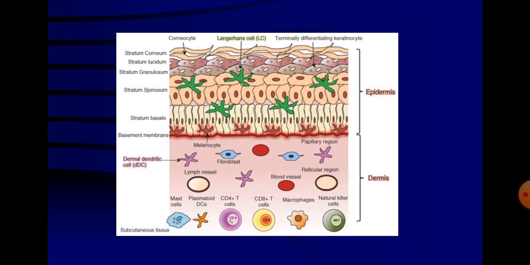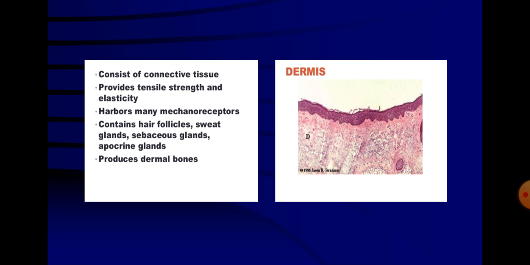The dermis contains loose connective tissue, and it provides tensile strength and elasticity. It harbors many mechanoreceptors, contains hair follicles, sweat glands, sebaceous glands, apocrine glands, and produces dermal bones.